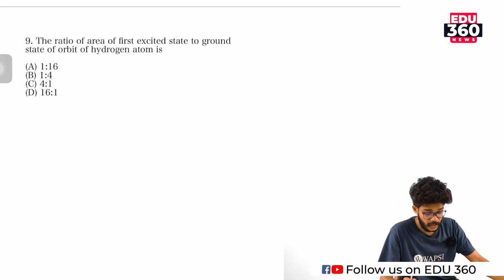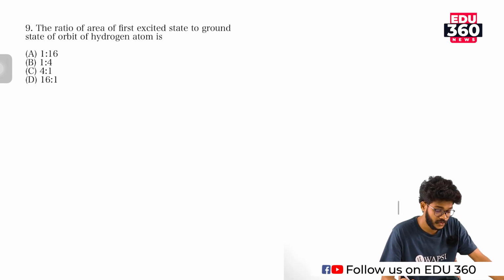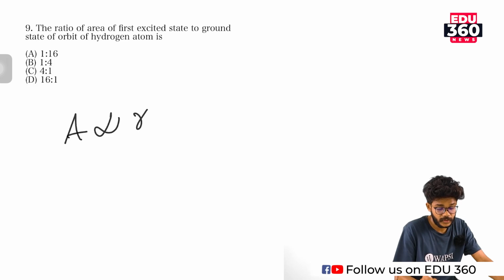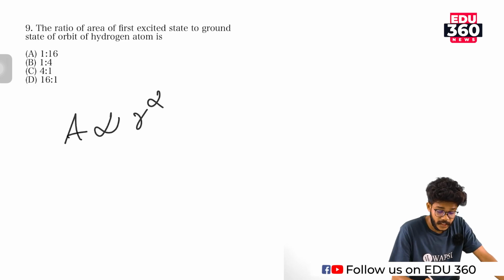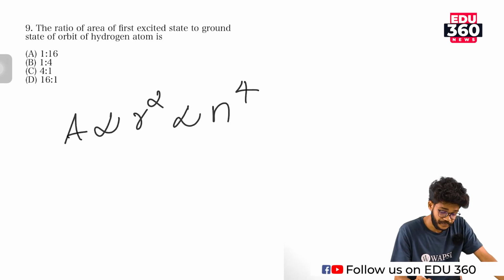The ratio of the area of the first excited state to the ground state of the orbit of a hydrogen atom is 1:16, 1:4, 4:1, or 16:1. These are the options, but we have to find the area. Area is proportional to r square, and r is proportional to n square, so area is proportional to n raised to 4.